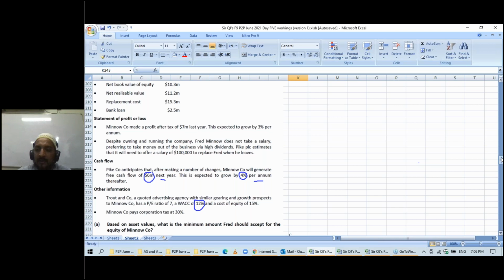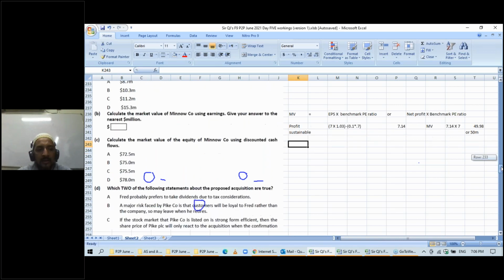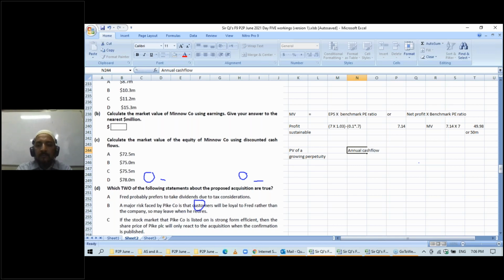suppose it's indefinite and there is a growth rate. The formula of present value of a growing perpetuity is annual cash flow divided by WACC minus growth rate.